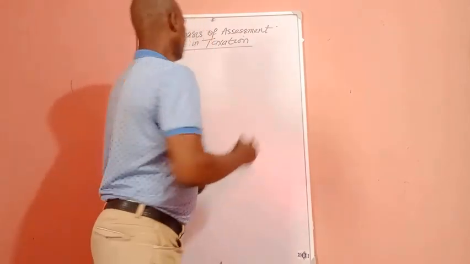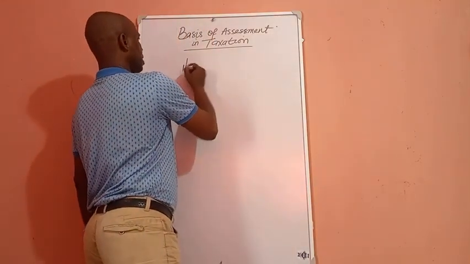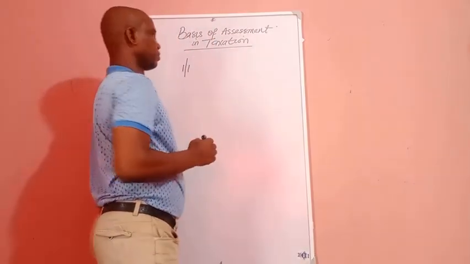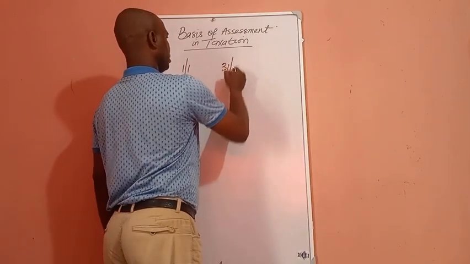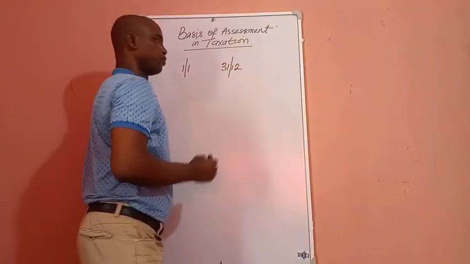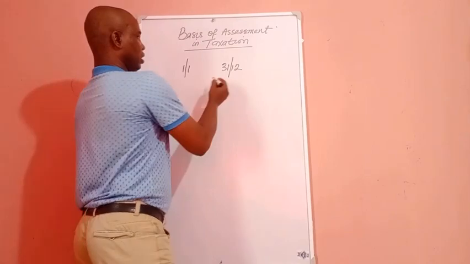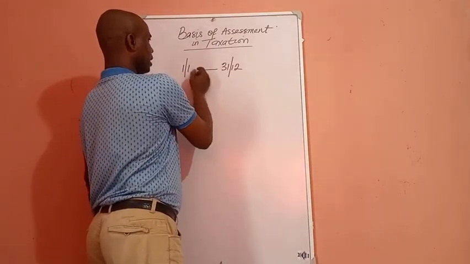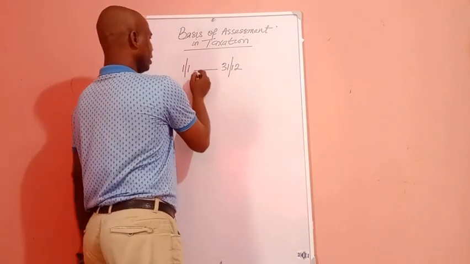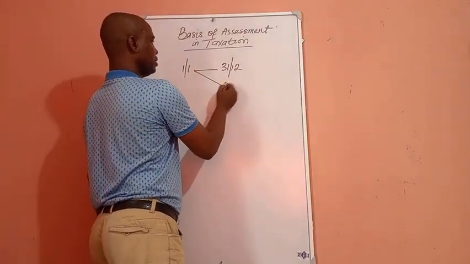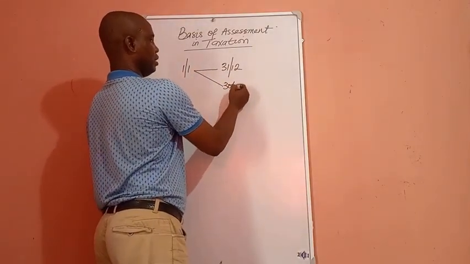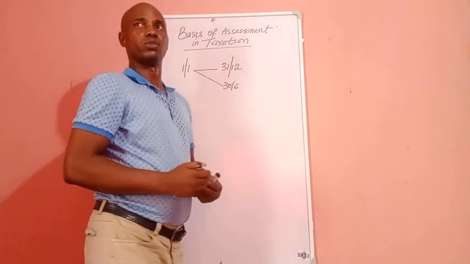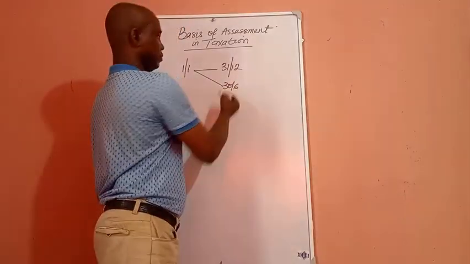The two dates are 1/1 and 31st/12. If it doesn't end on 31st, we have 1/1 against 31/12. We have again 1/1 against 30th. Let's say we have 6, because June stops at 30.